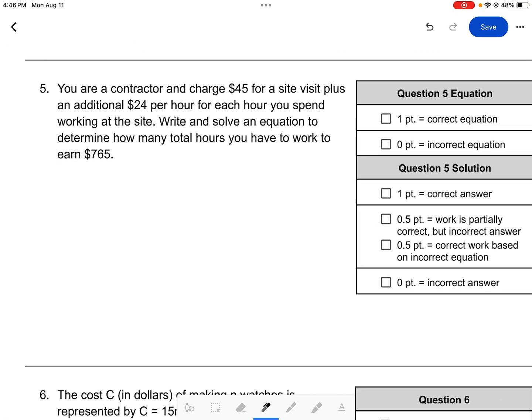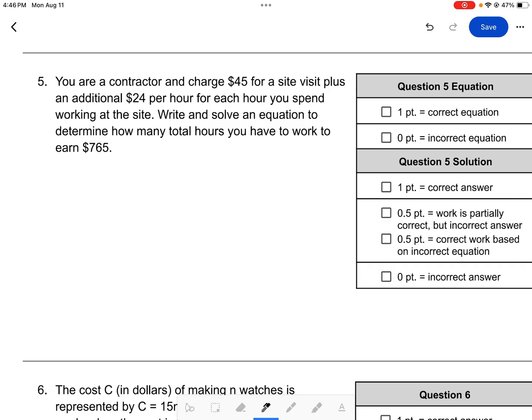For number 5, it says you are a contractor and you charge, let me use my highlighter, $45 for a site visit plus an additional $24 per hour for each hour you spend working at the site. Write and solve an equation to determine how many total hours you have to work to earn $765. Okay, so $45 is the initial fee, so I'm going to write 45 to start.